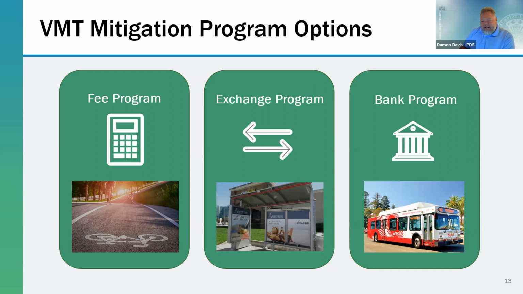One way to mitigate VMT is to construct or fund multimodal infrastructure such as bike, pedestrian, and transit facilities. However, these improvements are most effective when they're installed in areas with higher density of housing and population. In other words, if a project tried to mitigate VMT by building 2 miles of bike lanes in, say, Alpine, they would not get nearly the amount of reduction compared to building lanes in, say, downtown San Diego.